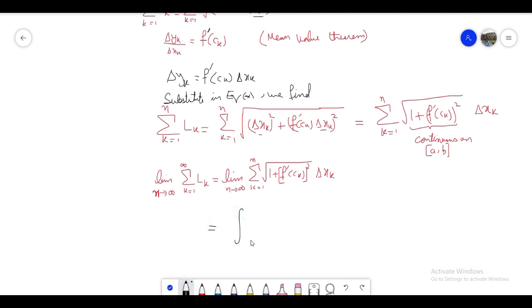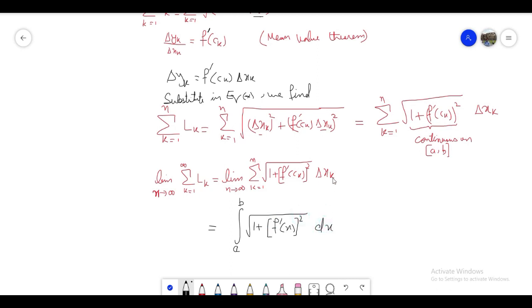So we can say that this is the integral from point A to B of the square root of 1 plus f dash of x squared dx.